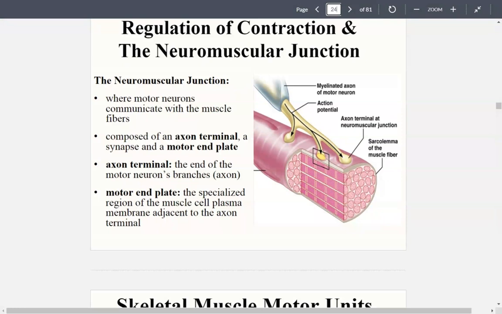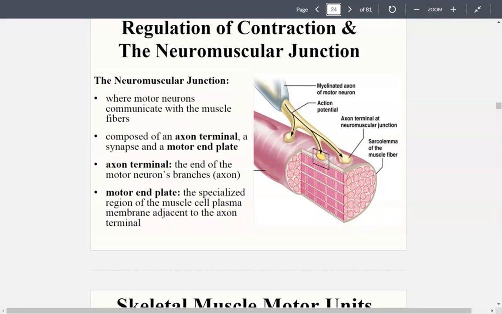A nerve can have multiple axon terminals. This gets into a little bit of a conversation we haven't had yet, talking about the nervous system. So we'll explain that in more detail when we get there. But axon terminals are the end of an axon. A nerve can have multiple axon terminals. So the axon terminal is the end of the motor neuron.